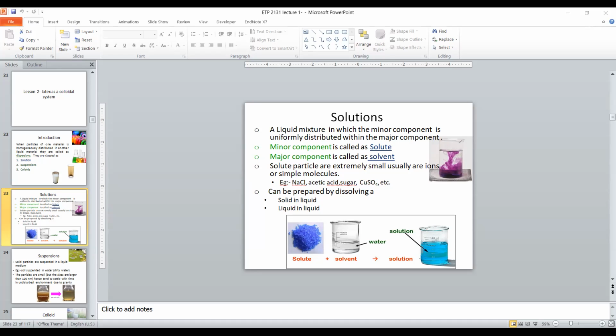Usually the diameter is 1 to 1000 nanometers, as in the case where organic liquids are involved. If inorganic particles are there, you have 1 to 100 nanometers, because we know that inorganic particles are heavy. Most of the time they are heavy.